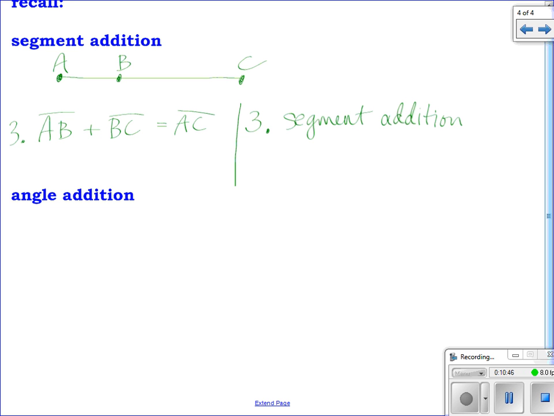Angle addition, let's draw an angle. And put another ray inside of it. And let's put some points on here too. So along the same lines as segment addition, what do you think angle addition would look like?